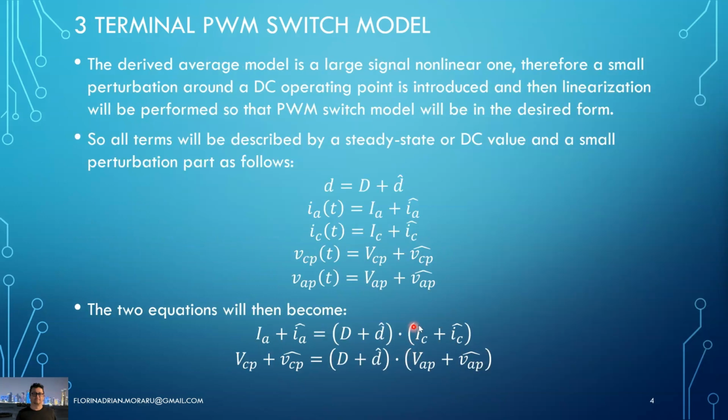But this large signal nonlinear model needs to be linearized. Therefore, the standard method is to introduce a small perturbation, and then we will linearize the model and end up with a PWM switch model in a form that can be useful for AC analysis.